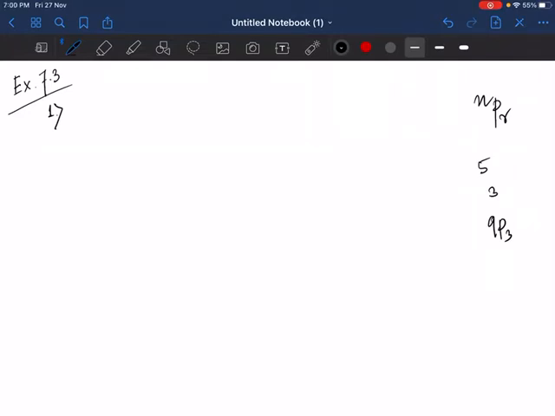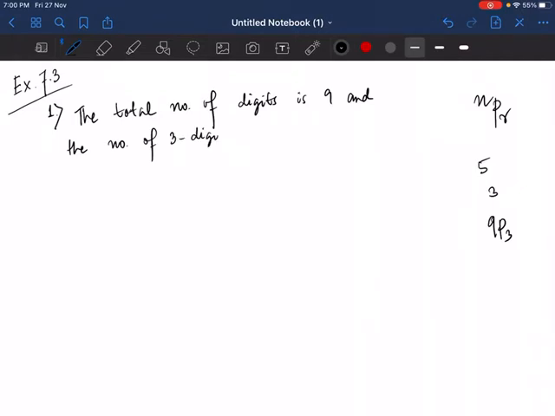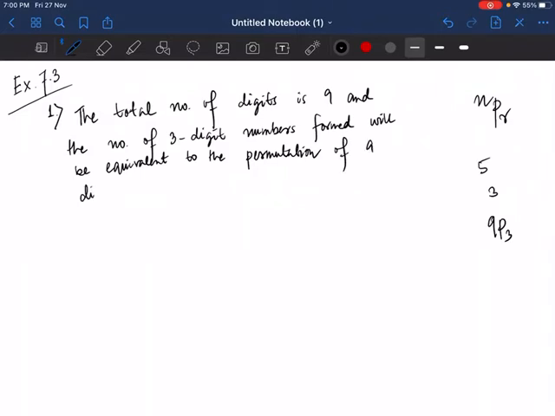So what we are going to write in here is, the total number of digits is 9, and the number of 3 digit numbers formed will be equivalent to the permutation of 9 digits taken 3 at a time.